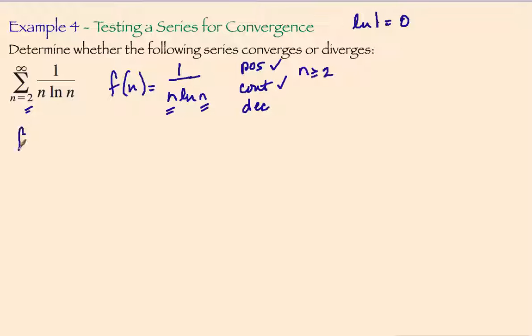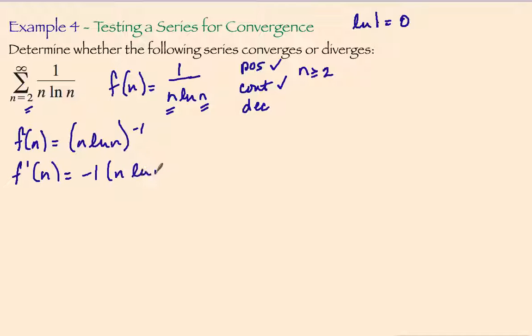So I'm going to rewrite this function as n natural log of n to the negative 1. That means the derivative will be negative 1 times n natural log of n to the negative 2, and then I have to take the derivative of the inner function, which will involve the product rule.